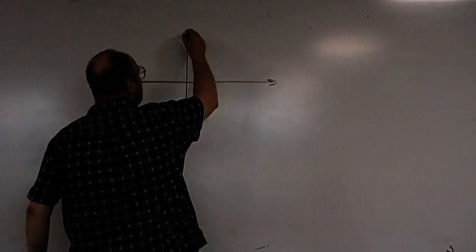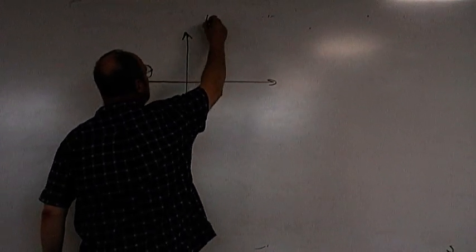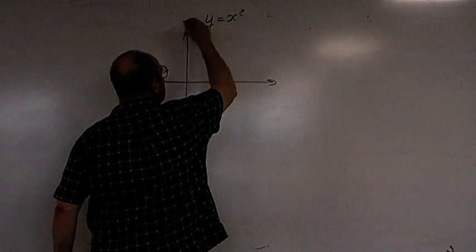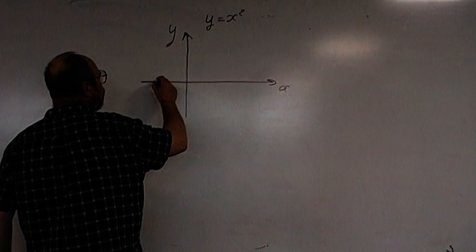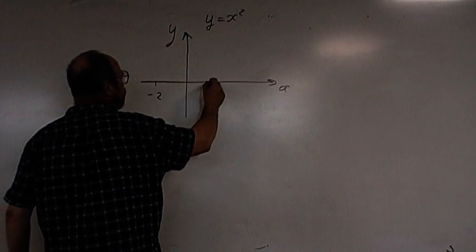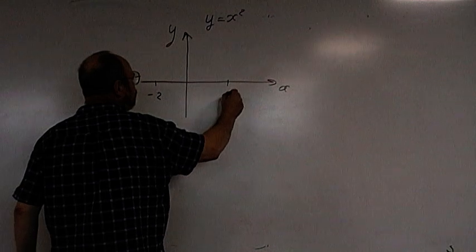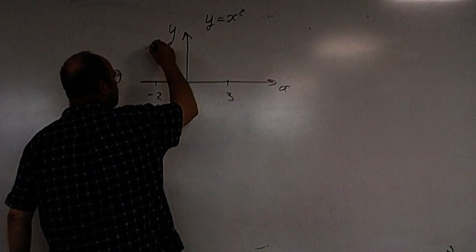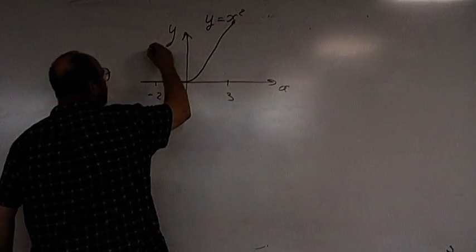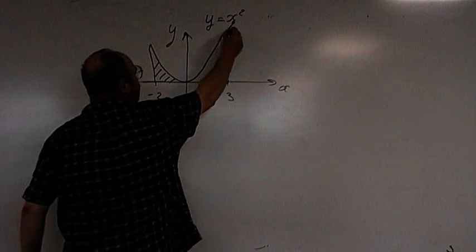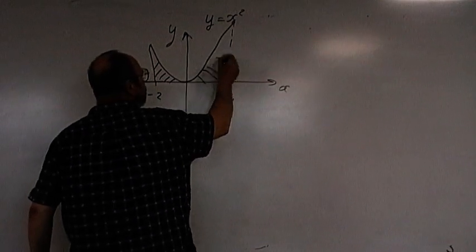Now let's say we want to find the area enclosed between y equals x squared from negative 2 to 3. So we want to find the exact value of this area.